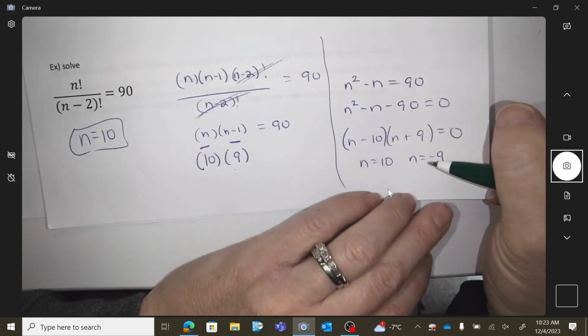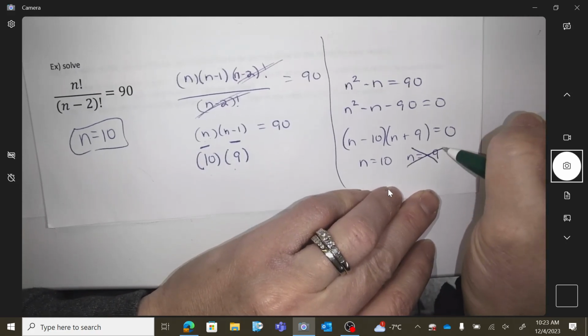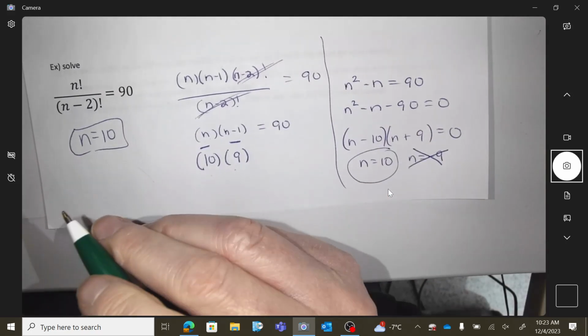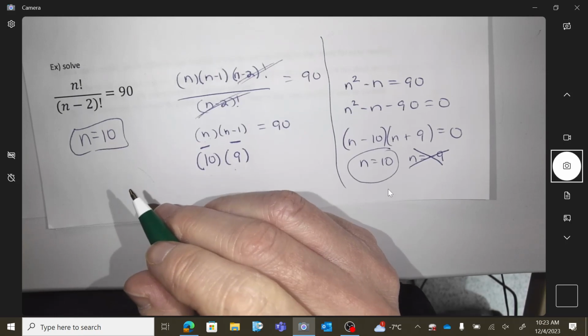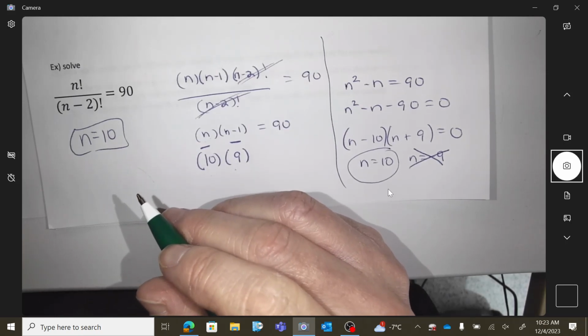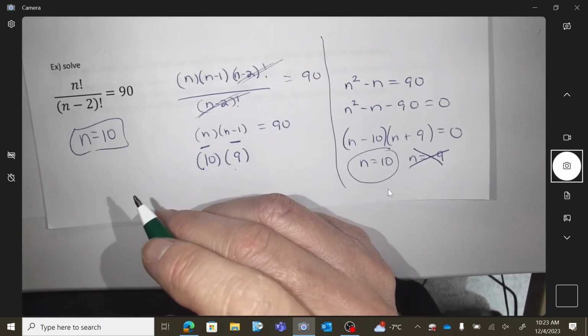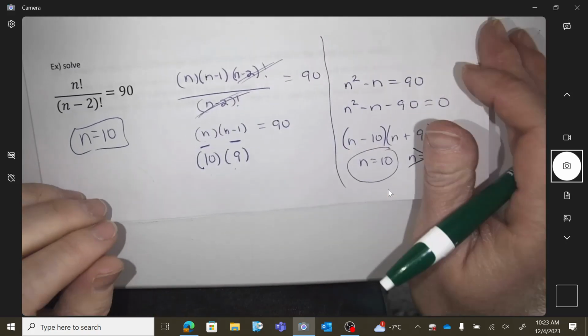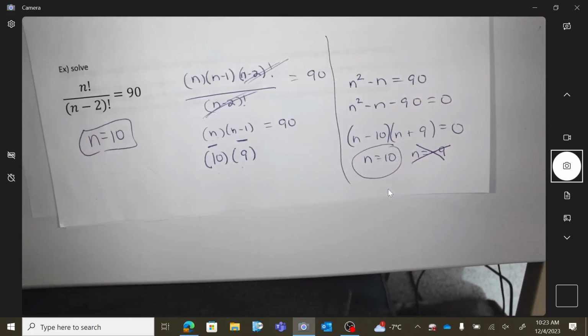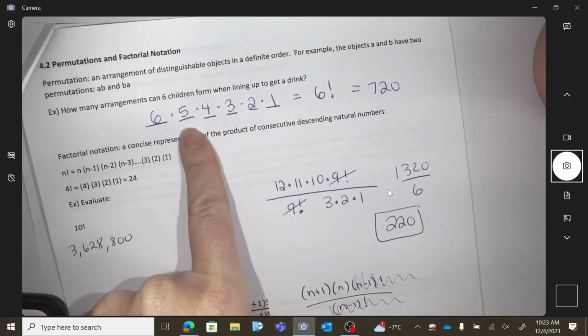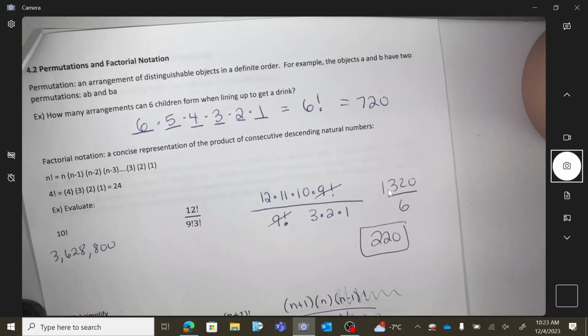But n is not allowed to be a negative number because you can't do negatives in factorials, because the lowest factorial you can get down to, you have to always stop at 1, right? So when you're lining up factorials, you can't go past a 1.